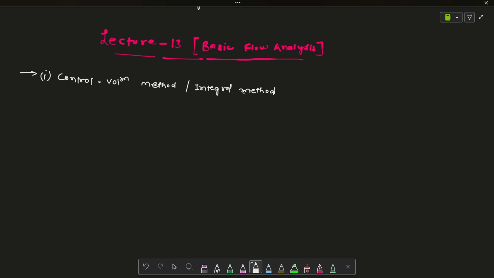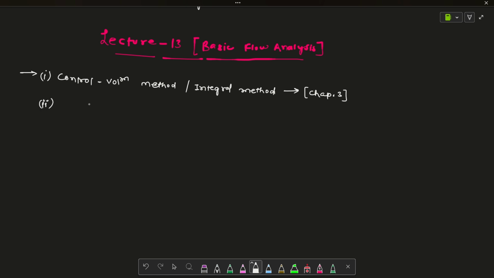We integrate all the fluid particles and take the whole as one. We will study this in chapter 3. Currently I am discussing chapter 1, the last lecture of chapter 1. So in chapter 3 we will discuss the control volume method, or the integral method.